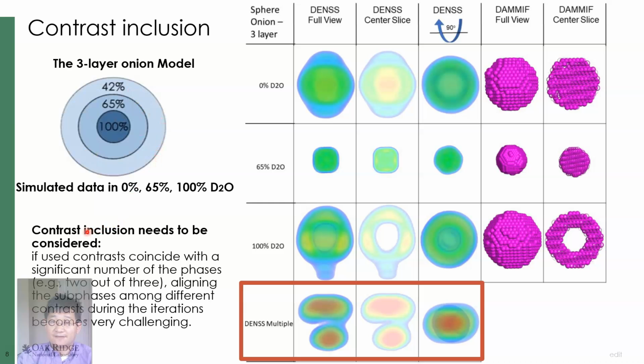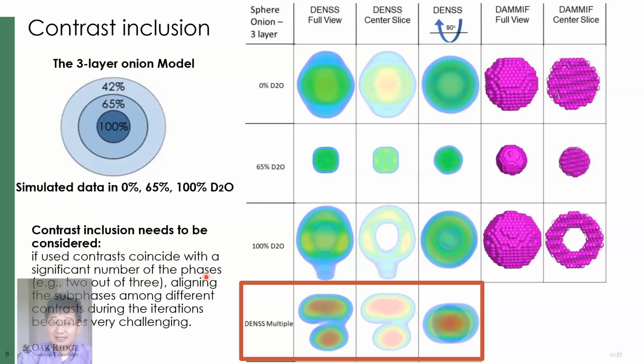So we believe that aligning and combining the subphases among different contrasts during the iterations becomes very challenging, because parts of the structures never show up in those contrasts in the searching space.